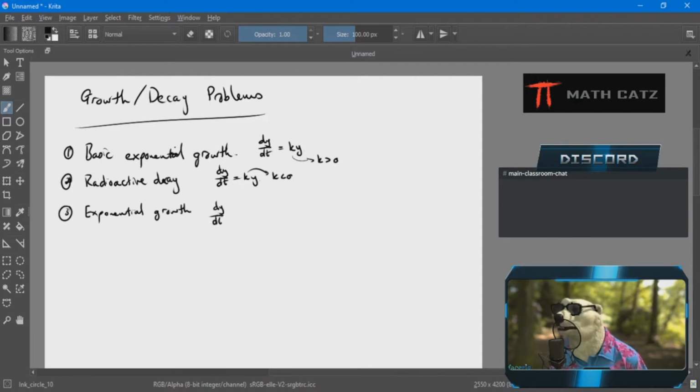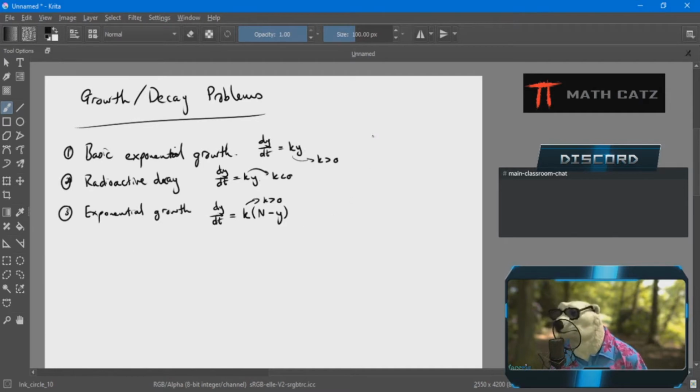So we looked at a different version that said that the growth rate is proportional to how far away the population is from that capacity. That we'll call N, for example. So we still have a growth constant here, but now we're looking at the growth being proportional to something else.